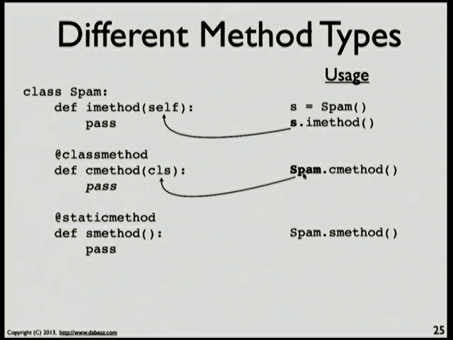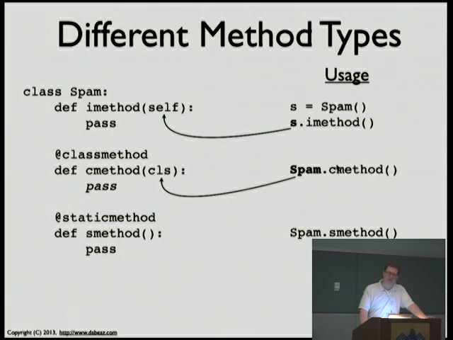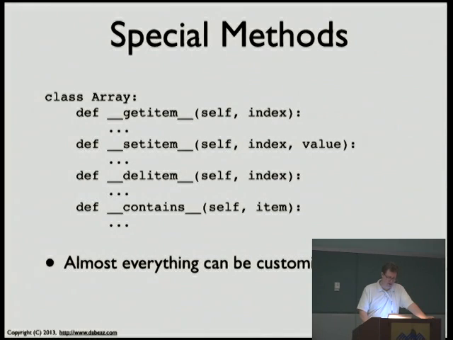There are class methods that are executed on the class. Just a little bit of subtlety here. An instance method, you execute on an instance. A class method, you execute on the class. A static method is just a function put in a class, basically. Okay, so those are some things that you should know.